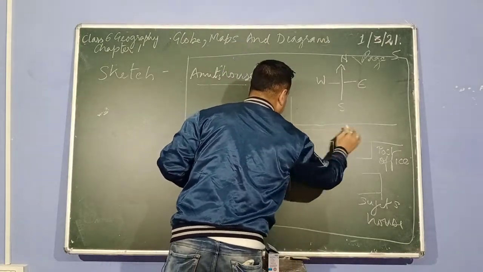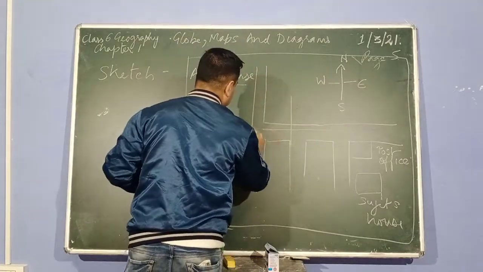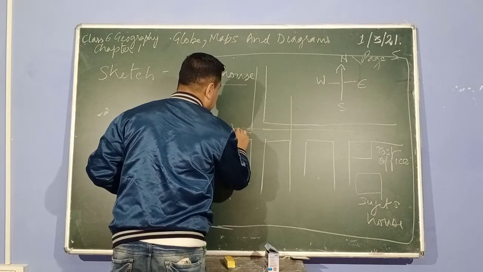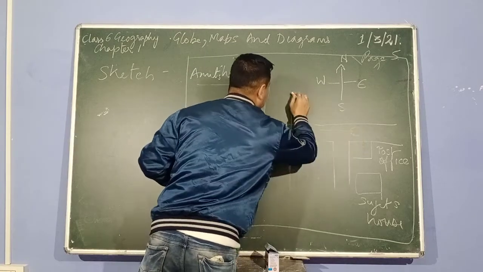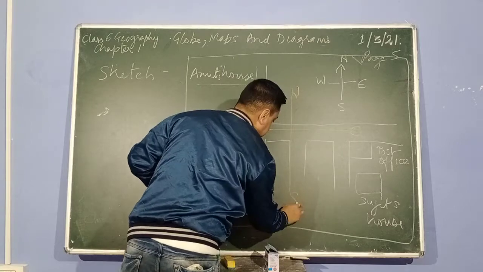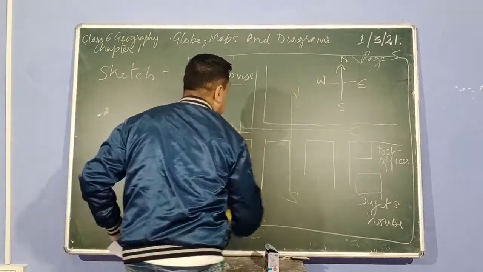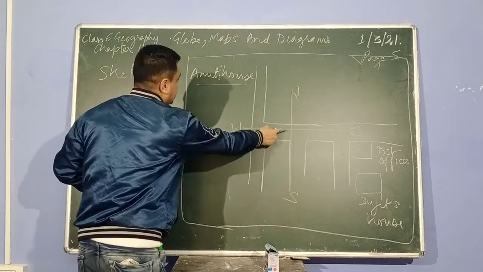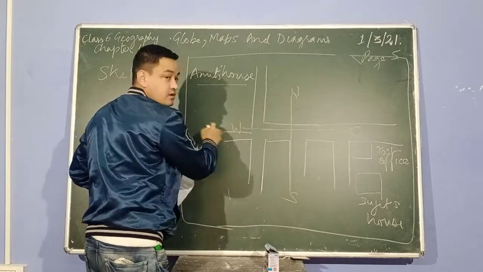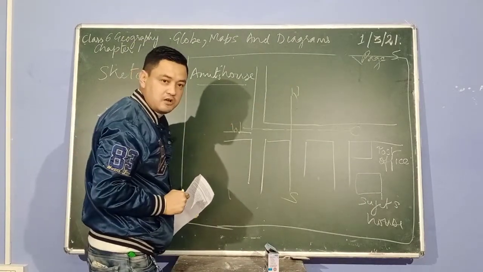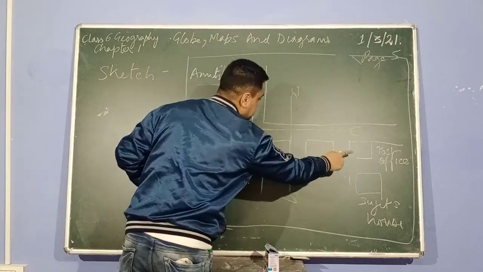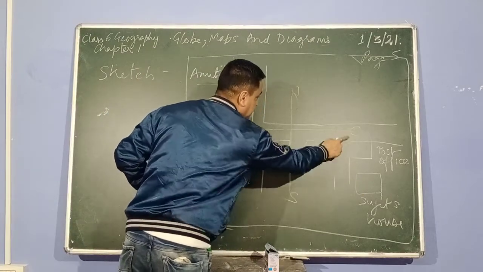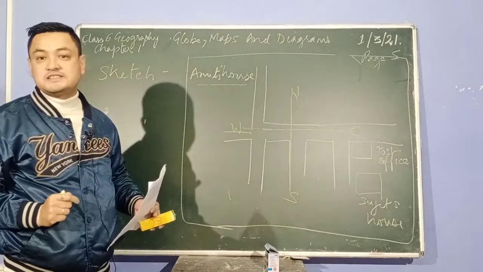This is west, this is east, this is north, this is south. If you look here carefully, where is Amit's house located? It's in the northwest. Where is Sujit's house located? It is located in the southeast.